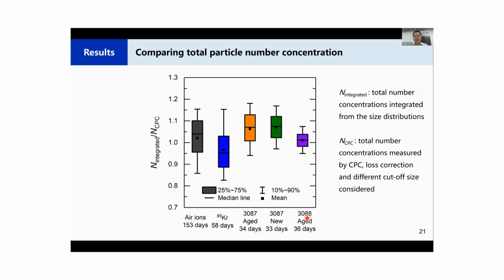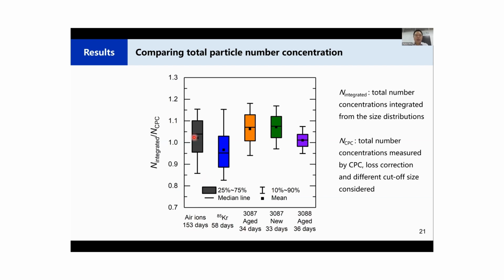Now, we look at the integrated number concentration versus the concentration directly measured by the CPCs. What I plotted here are these bars. The first one is using natural ions. In this plot we show data for 150 days, and the second one is the krypton 85 source, followed by the soft X-ray source with different ages for different time periods.